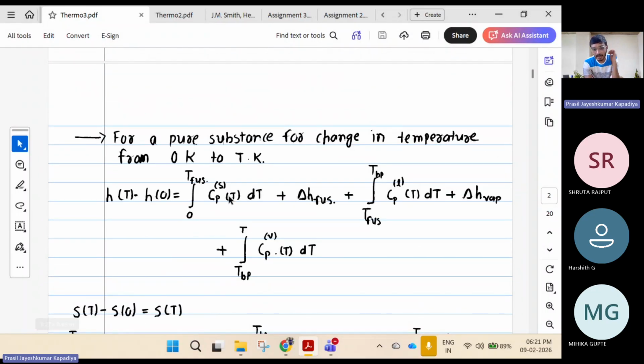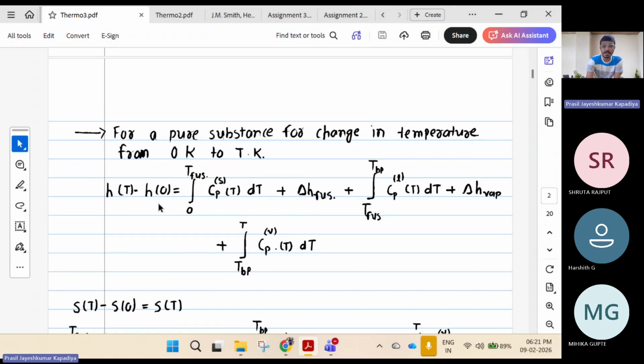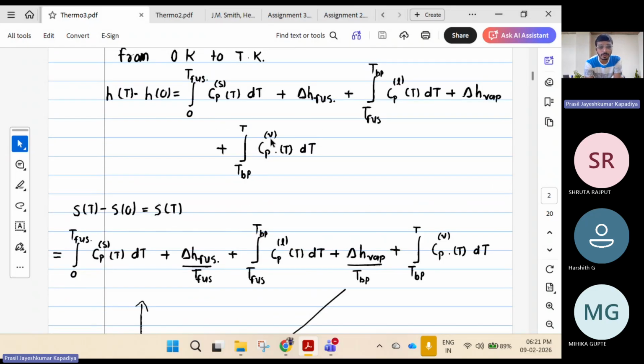So I ended at some temperature, H of T, and I started with H of 0 at T equal to 0. So this is my expression for the enthalpy change from T equal to 0 to T equal to T. A similar expression we can write down for entropy also.